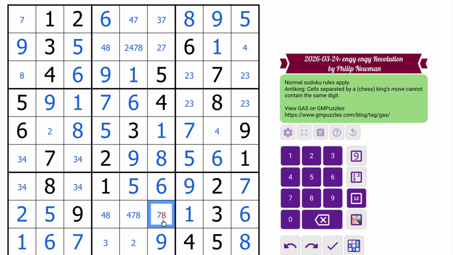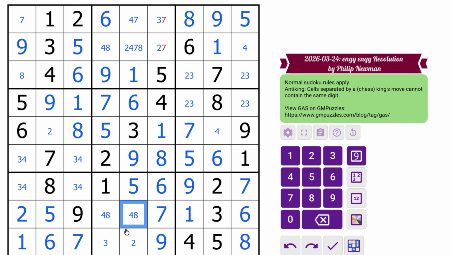No, this is not an 8. So 1 2 3 4 5 6 7. This can just be a 7. Okay, I think I marked everything, so the remaining things that I see are the digits that can only come there, because I marked everything as far as I remember.